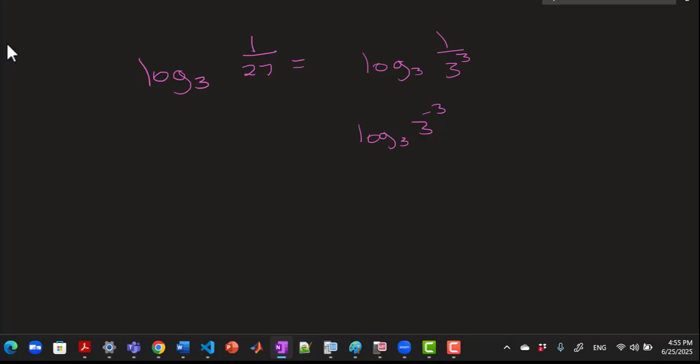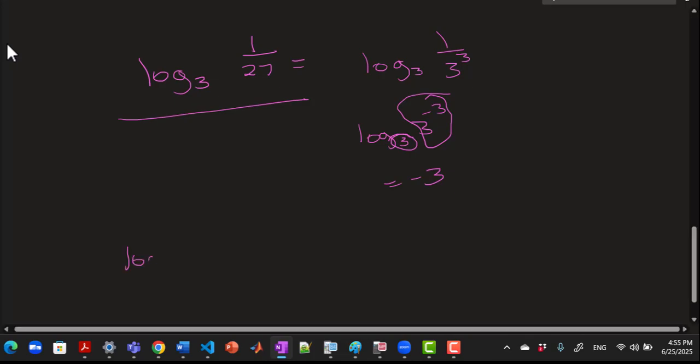And then that means that this equals negative 3, because what the log is asking is what power would you raise this number to get this number? And the answer is negative 3. So looking at this problem, what power would you raise 3 to get 1 over 27? It'd be negative 3.